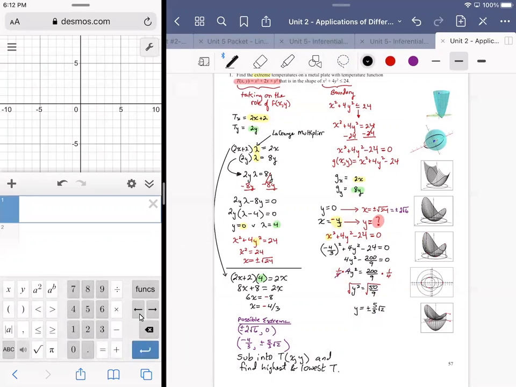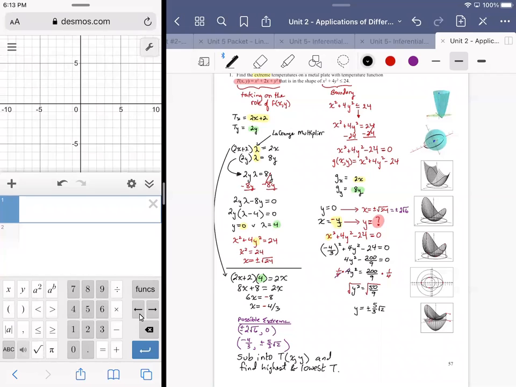So what I would do is I would take my t function, which is x squared plus 2x plus y squared. And I know I've gone over this before. I'll do it again, though. When I'm substituting into a function using Desmos, I like to do it using A's and B's because I get sliders for my substitutable values. Okay?